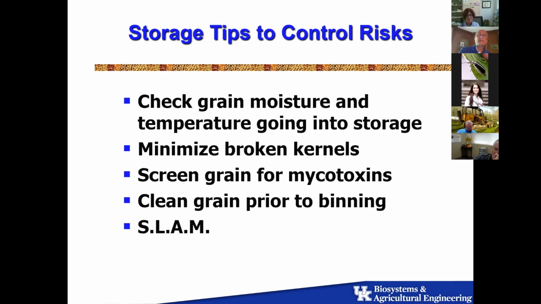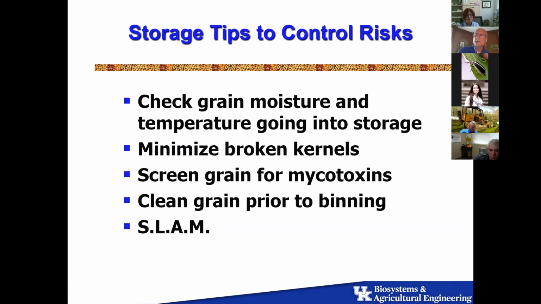So again, moving into the storage a little more deeply, we want to check the moisture going into storage because that'll give us the indication of the storability, looking back to the allowable storage time table there. We want to minimize broken kernels, and that starts at the combine, but also carries through the handling system.